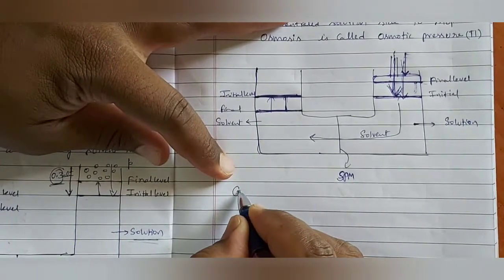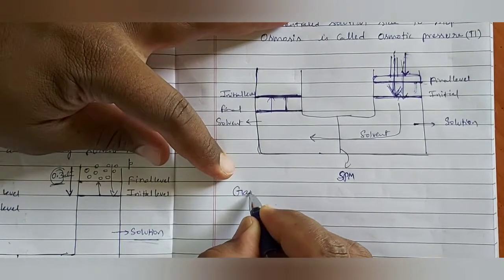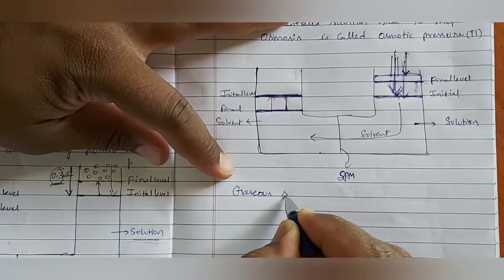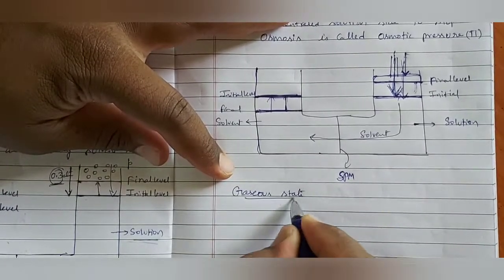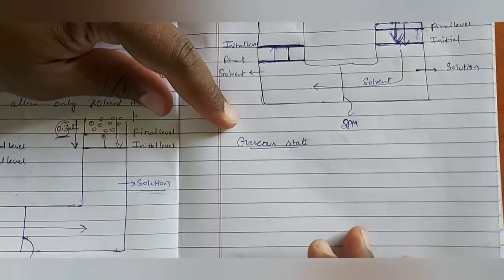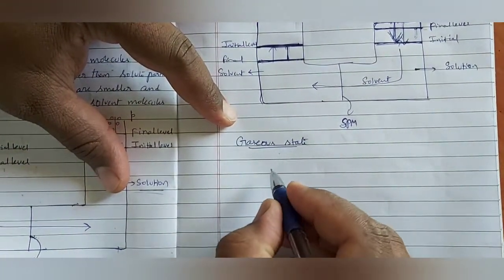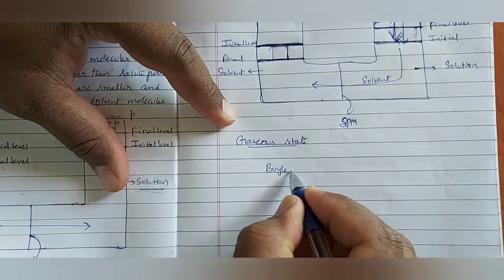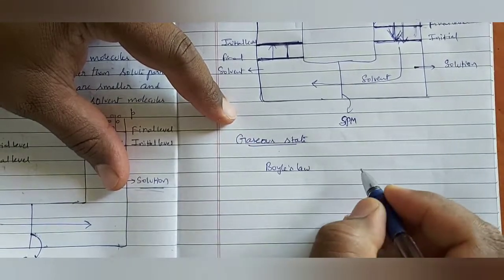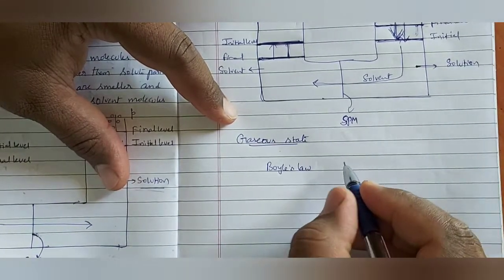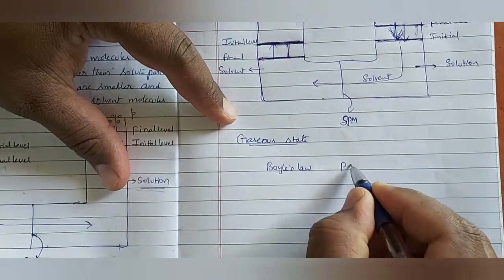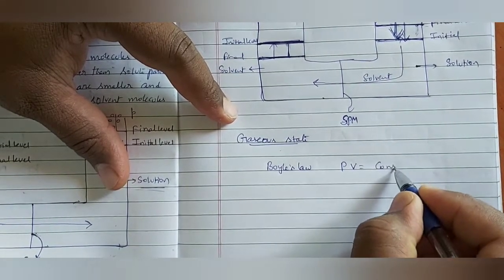In the gas state, we have seen different gas laws. First is Boyle's law. According to Boyle's law, PV is equal to constant.